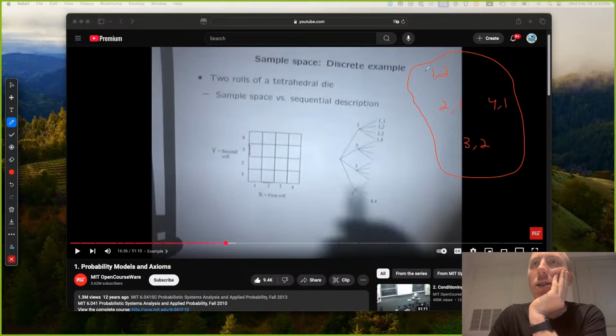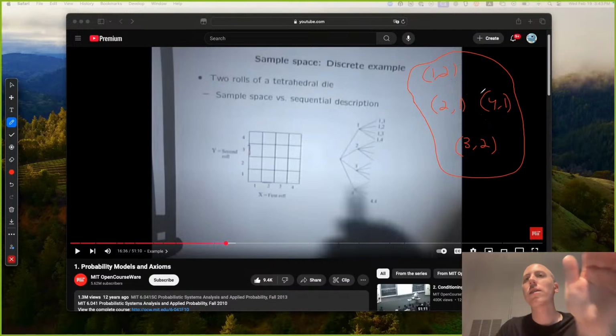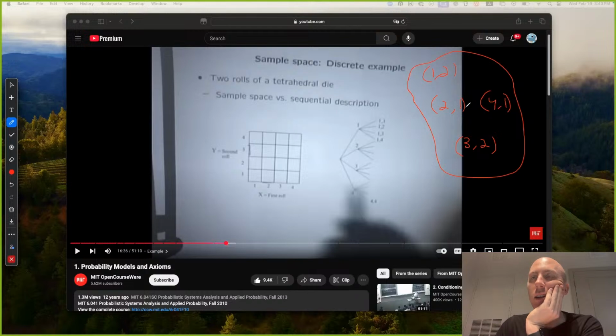These are all outcomes. Tuples. But in terms of viewing the structure of how these outcomes come to be, right now we're just not attributing any structure at all to these outcomes. They're just completely unstructured.